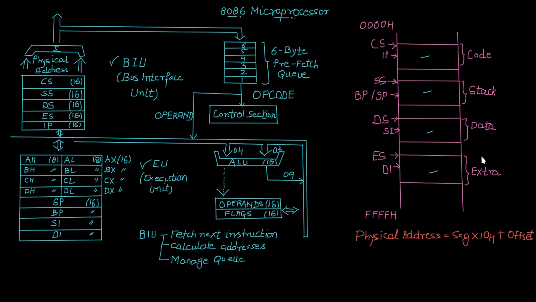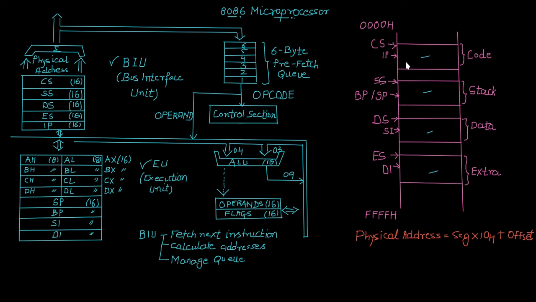These are the conventional names used for these segments. One important thing to note is that each segment has a starting point, which we call the segment address, and within a particular segment there are various instructions in it.